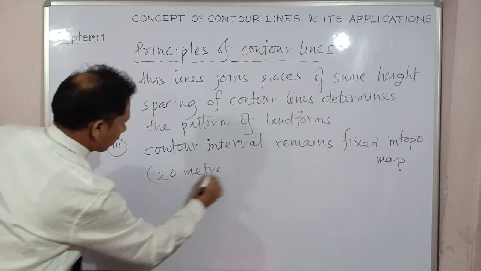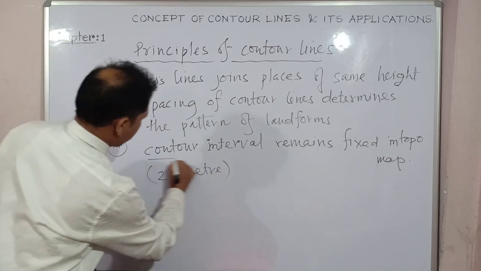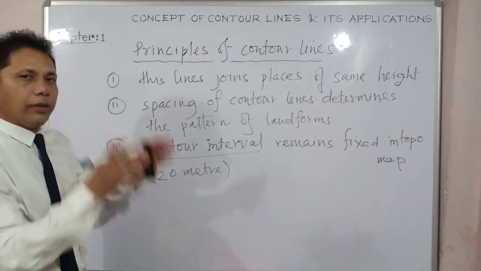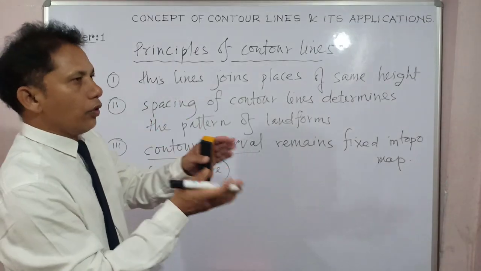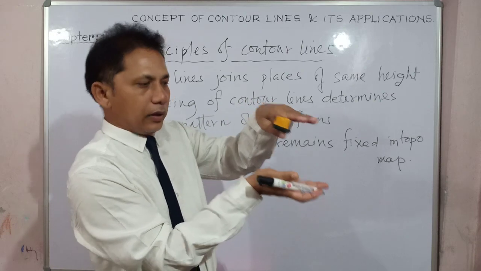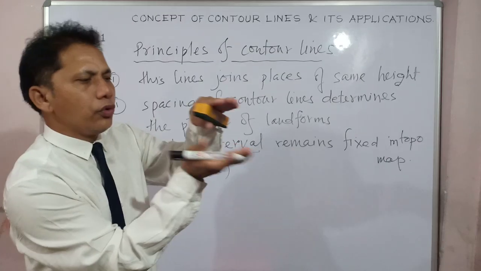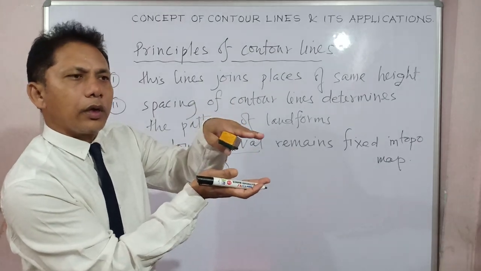If 20 meter is the contour interval, it will not change. It remains fixed, right? So the vertical height, the height difference between two consecutive contours, will remain the same.